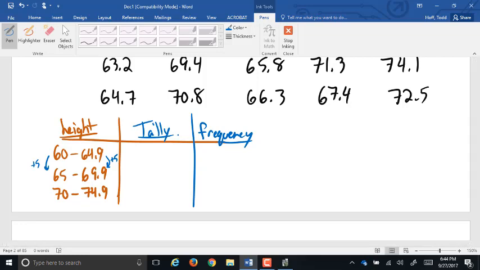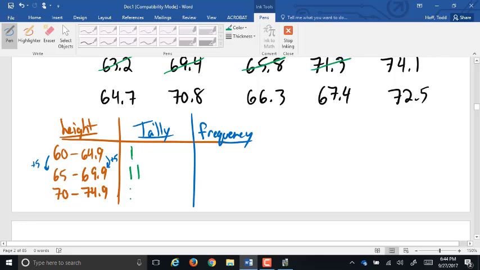What that means is I can go up here to my data: 63.2, that's between 60 and 64.9. 69.4, that's between 65 and 69.9. 65.8, that's in that one. 71.3 is in there. 74.1 is there. 64.7, 70.8, 66.3, 67.4, 72.5. Just put those tallies in there. Now I can see, okay, this is 2, 4, and 4 are my frequencies.